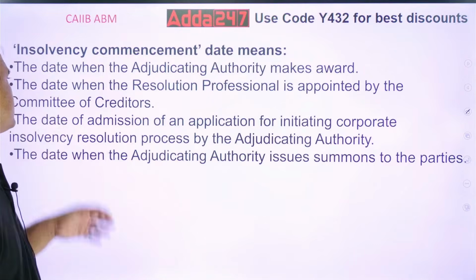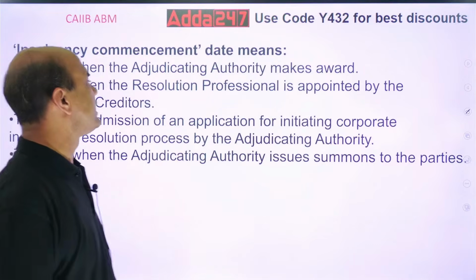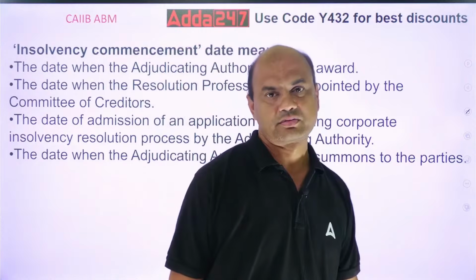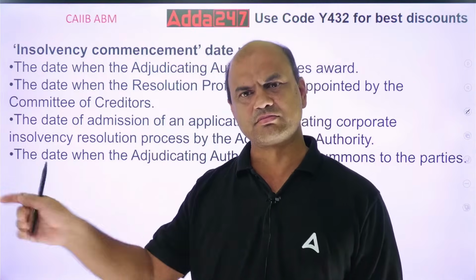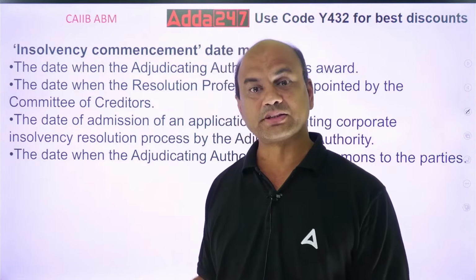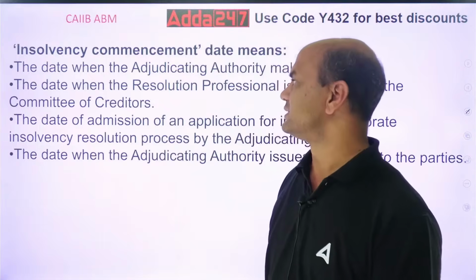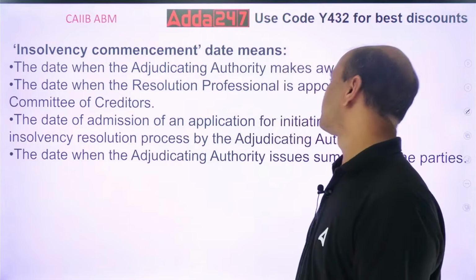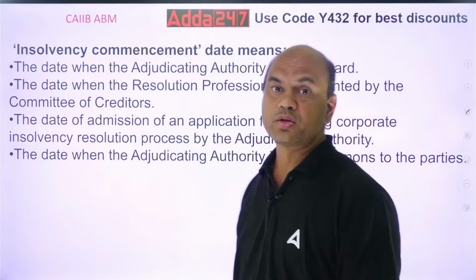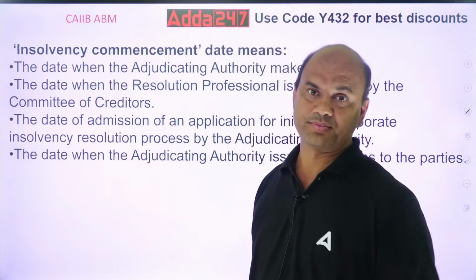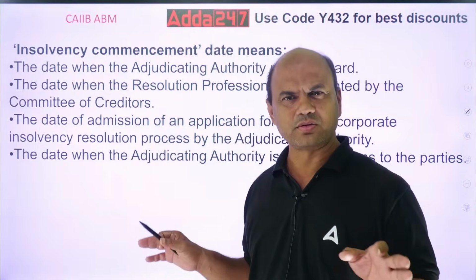What are the options? The date when the adjudicating authority makes an award. Award means he gives the final ruling. Second, the date when the resolution professional is appointed by the committee of creditors.